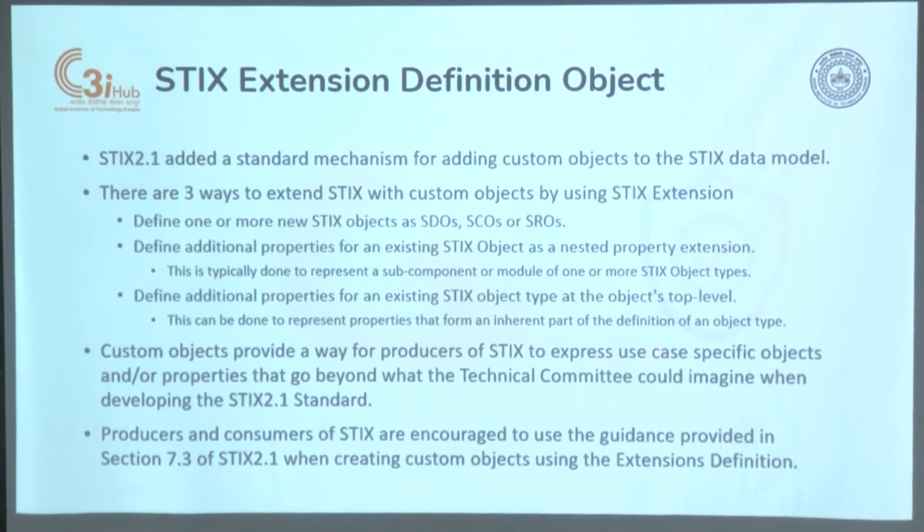You can use this extension to express use case specific objects or properties that go beyond what the technical committee could imagine while developing this standard. In the next iteration of the STIX standard, some of this may actually make it into the standard. For now, the good thing about JSON is that parsing JSON is easy and flexible. If you are parsing, you are basically parsing key value things, so you can interpret it that way.